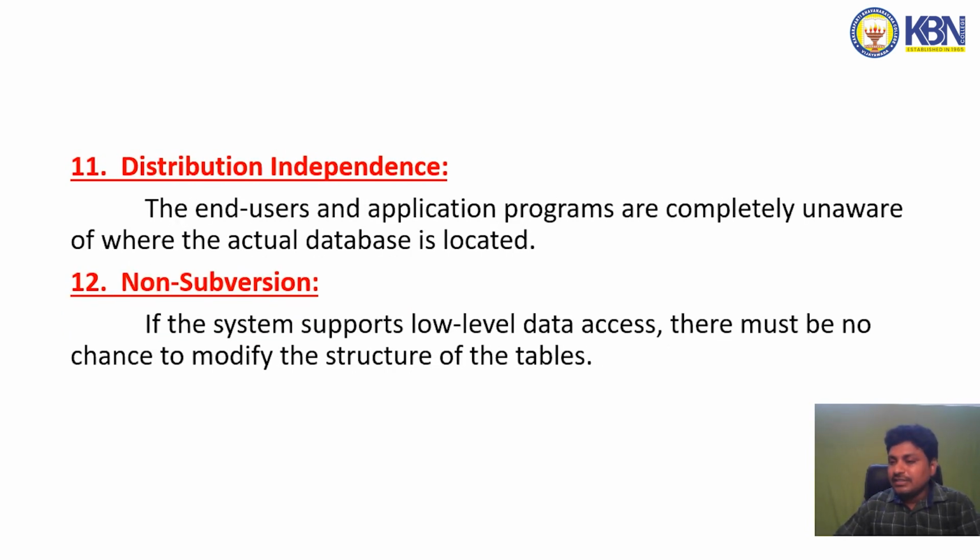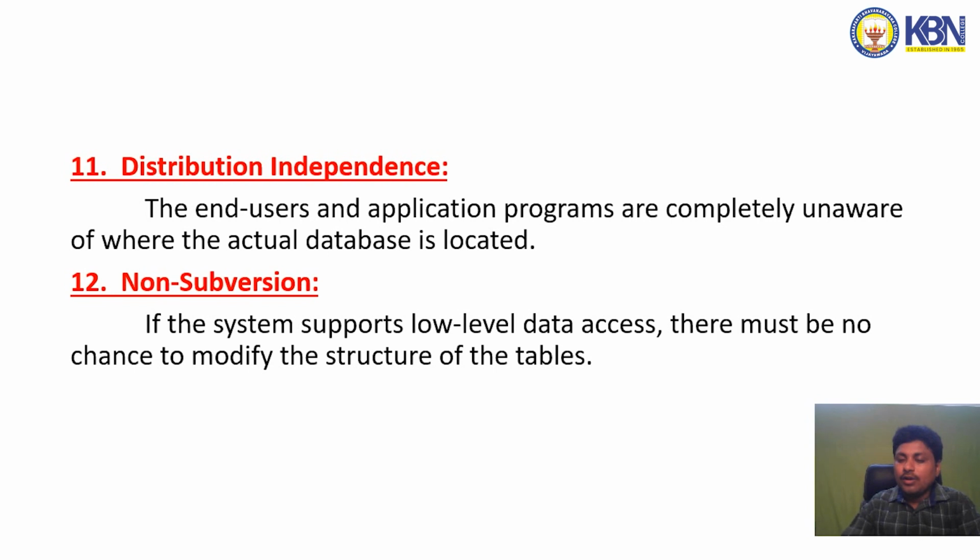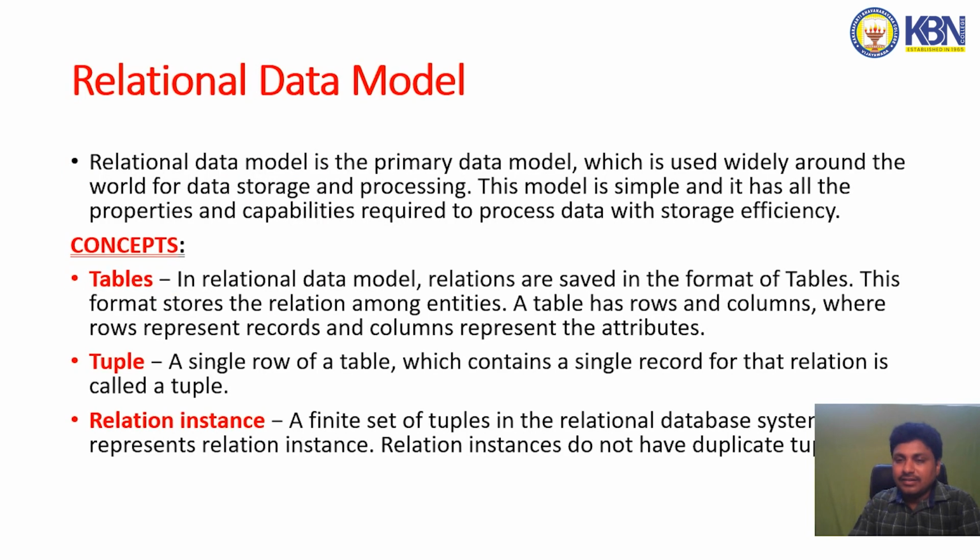The end user and application programs are completely unaware of whether the database is distributed. Then non-subversion: if the system supports low level data access, there must be no way to modify the structure of the tables. So these are the total 12 rules we have defined for designing the database. That means we are simply calling them Codd's rules.